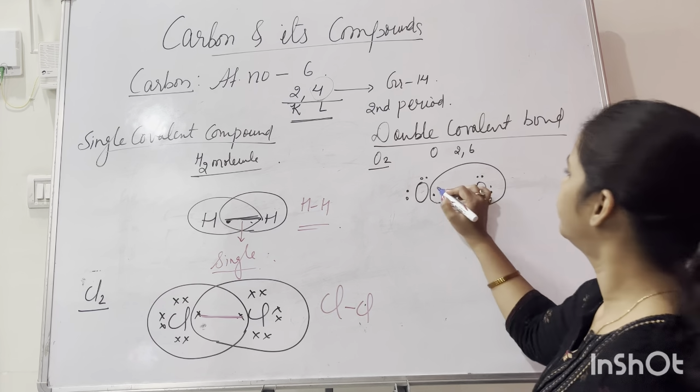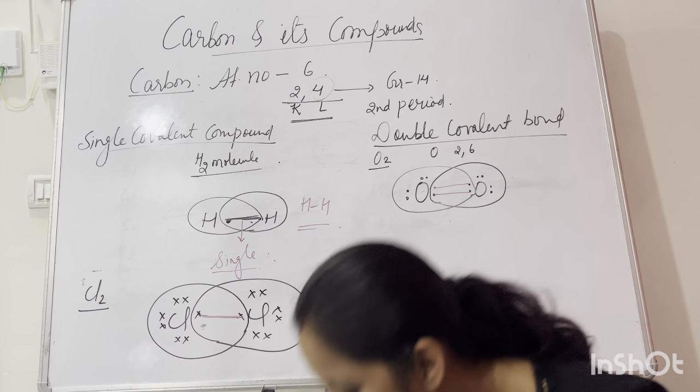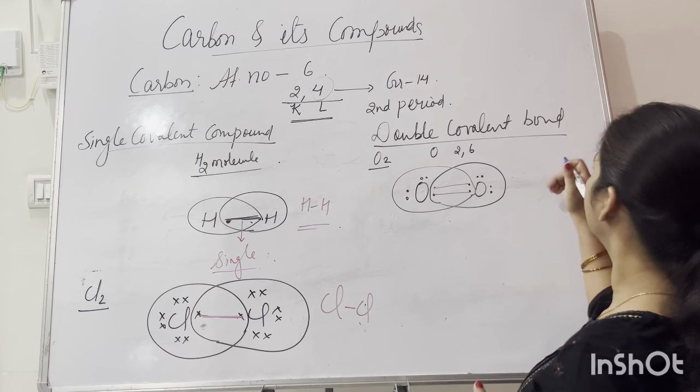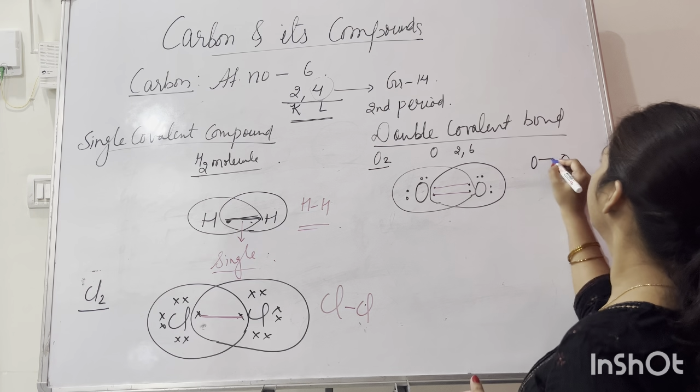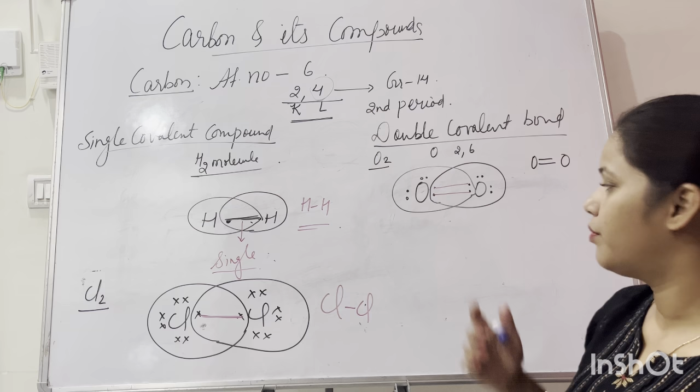And that is why there is a double bond between two oxygen, sharing of two electrons, a pair of electrons. This is a double covalent bond.